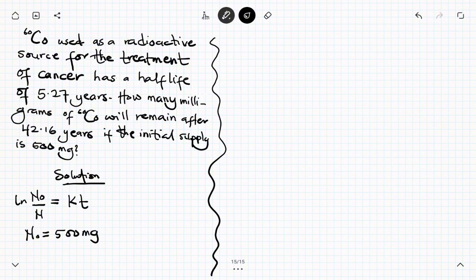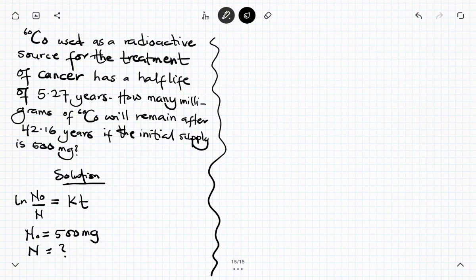And then we also have N, which is the amount that will be left after time T. So the question is asking us to find how many milligrams of cobalt will remain. So N is what we are trying to find.